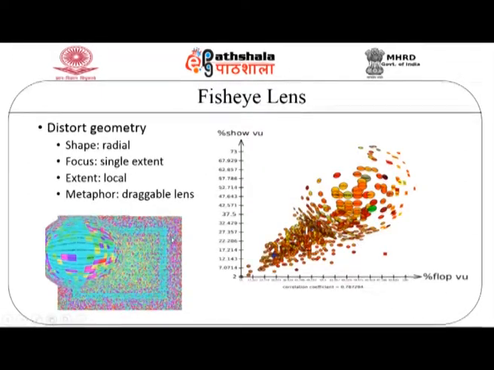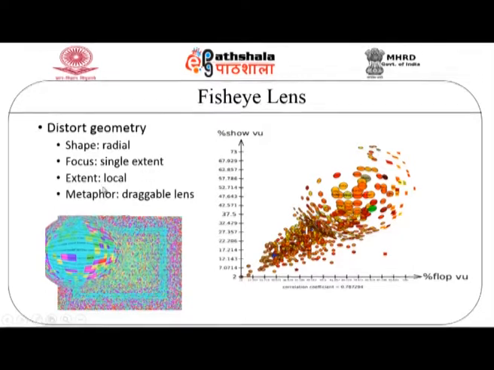This is an example of a fisheye lens. If you look at the fisheye lens, it shows the entire object using distortion geometry. In the case of distortion geometry, the shape gets distorted, where you have the radial display of the shape in this case. The focus is going to be a single extent of focus.